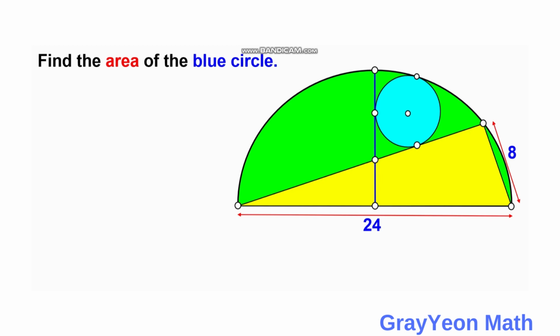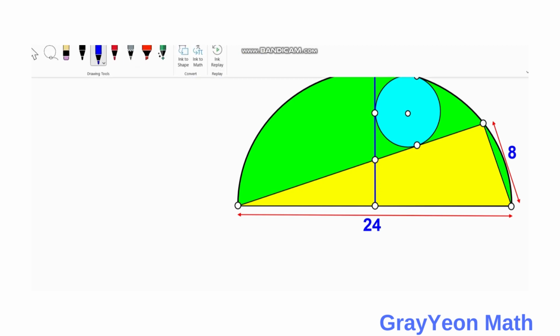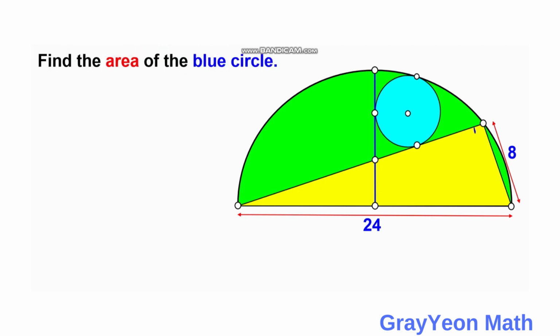Okay, so using the given, we can take the cosine of theta. Because, as you can see, this is a right triangle, we can make an equation using this given.